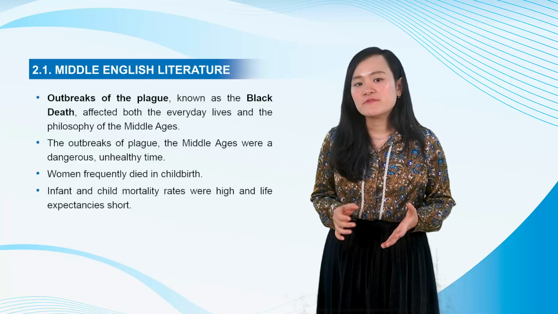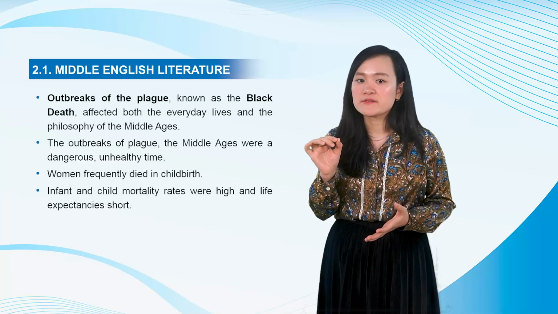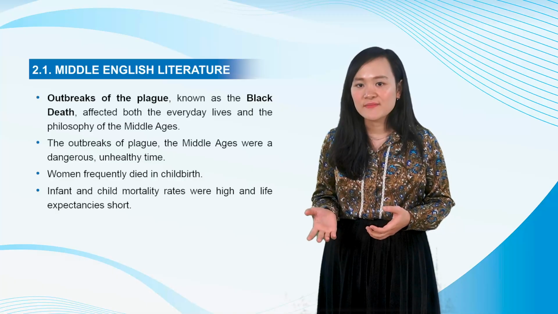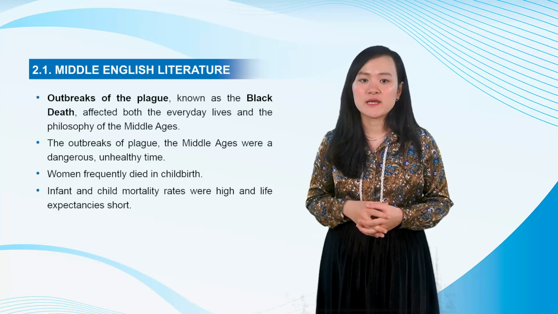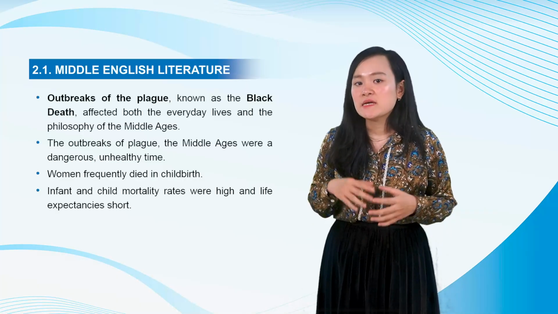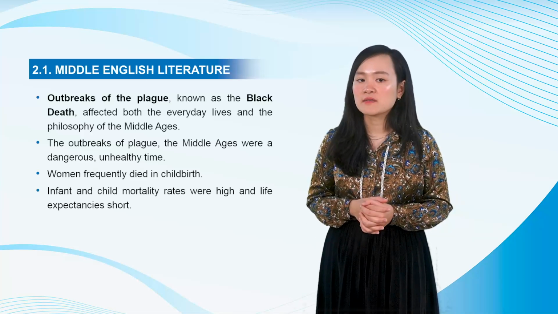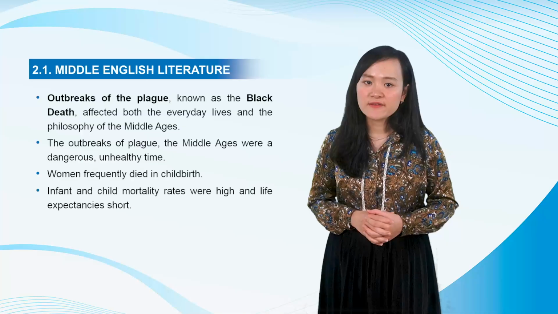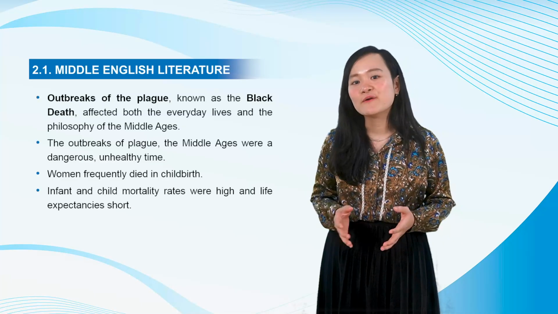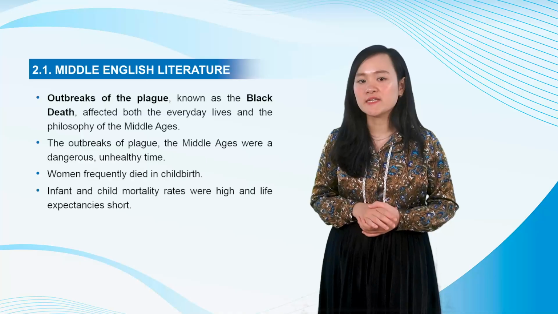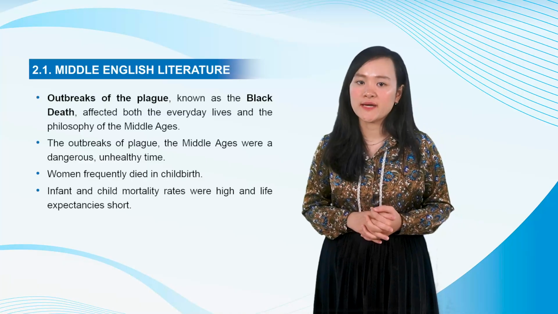What would now be very minor injuries frequently resulted in infection and death, and sanitary conditions and personal hygiene, particularly among the poor, were practically non-existent. Even the moats around castles that seem romantic in the 21st century were often little more than open sewers.